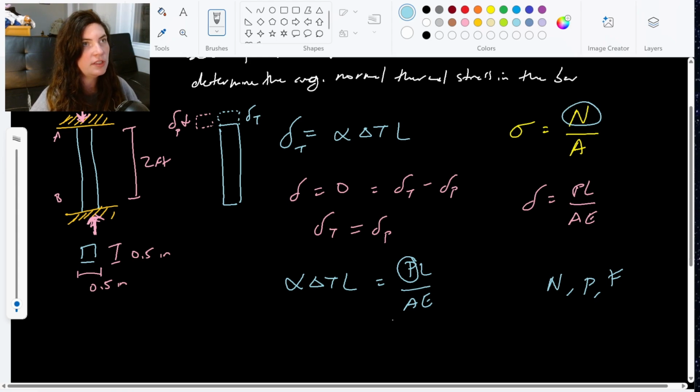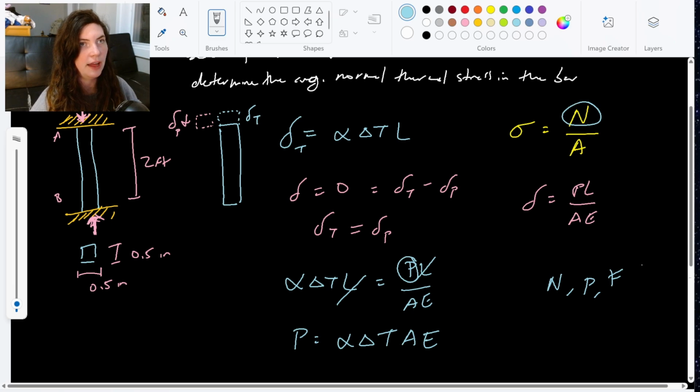So if I solve this for P, P equals alpha delta T, our lengths cancel, multiplied by the area times modulus of elasticity. So now I just need to go pick out all those things that I was given, right?